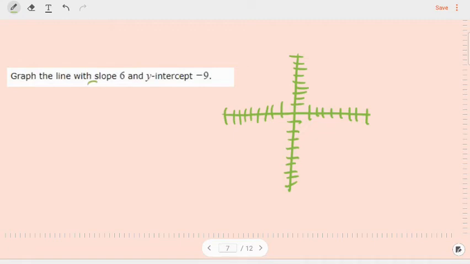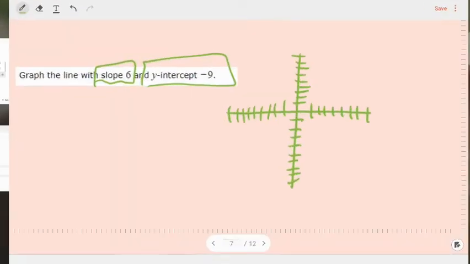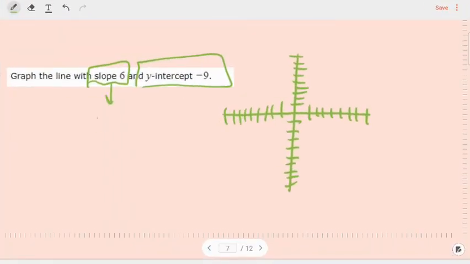It asked me to graph with a slope of 6 and a y-intercept of -9. Remember that slope is the steepness. And so 6 is the steepness of the line, but where does that line go on my graph? Does it go way up high? Does it go way down low? How do I know where that goes? The y-intercept is telling me where my graph is located, and the slope tells me how steep it is.